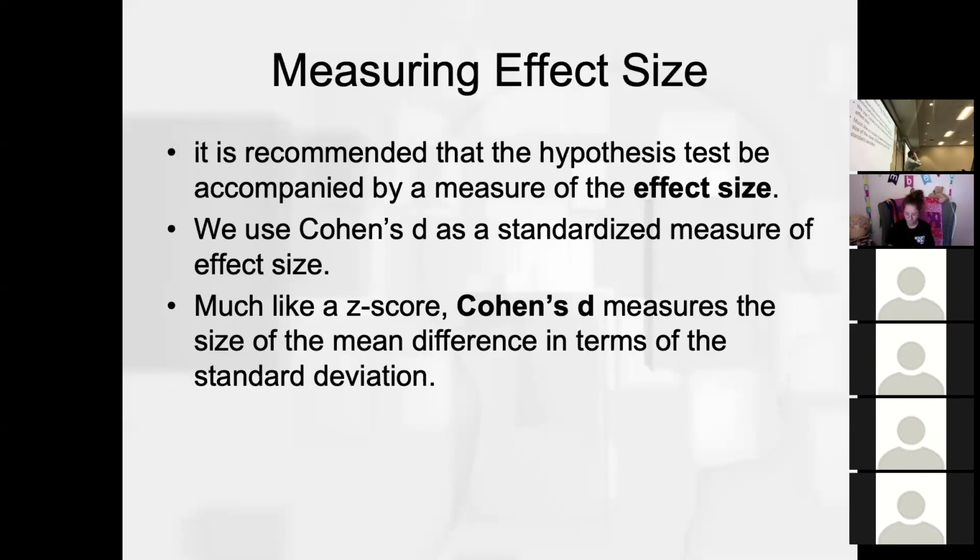So a Cohen's d of 1 means that the sample is 1 standard deviation above the mean.